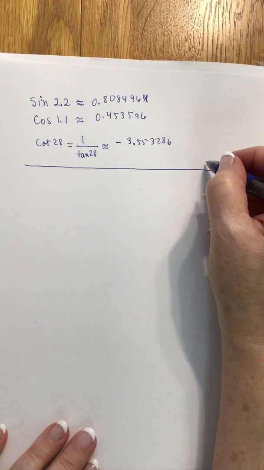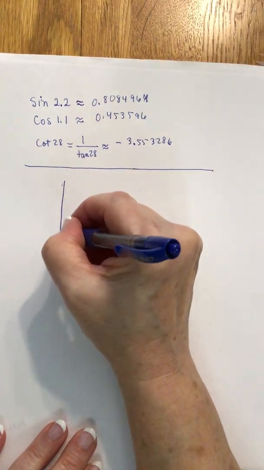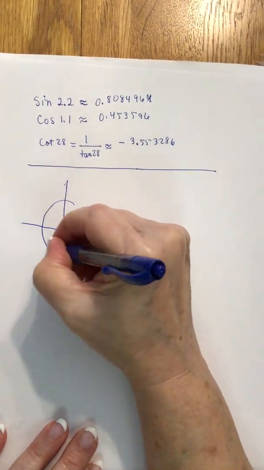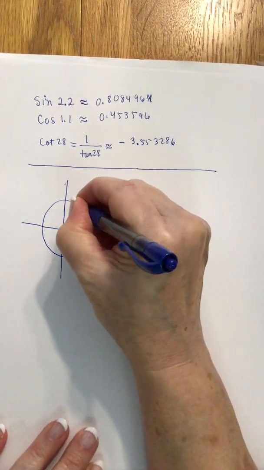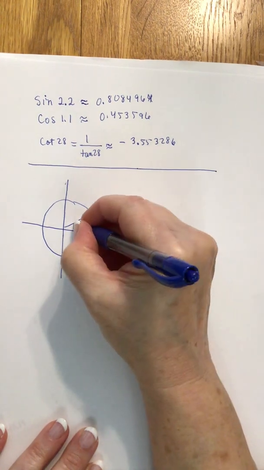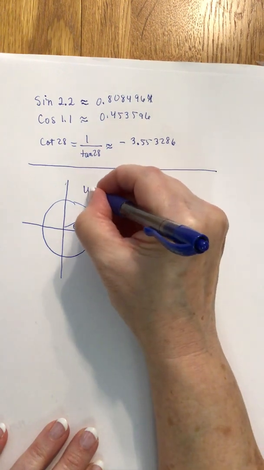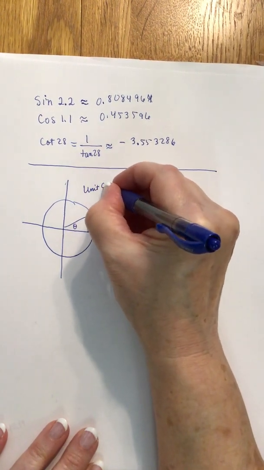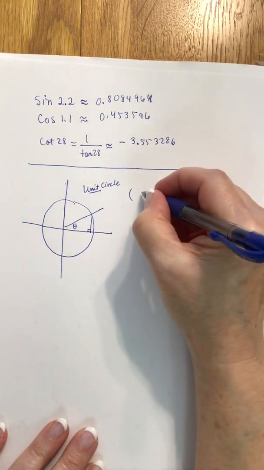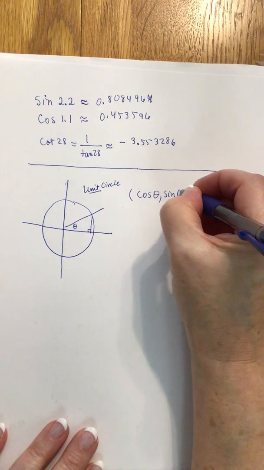Okay, the next thing we're going to look at is Pythagorean identities. We're going to start out with a picture again. Now, in a unit circle, so again, this is a unit circle each time we're talking about circle here, we know this point is cosine theta, comma, sine theta.